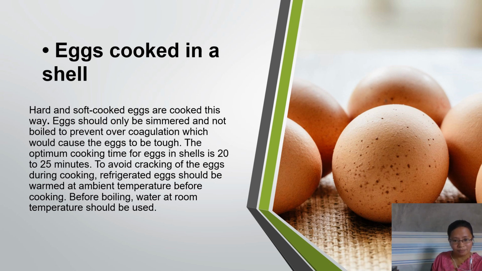Like, for example, if you want soft-cooked eggs, parang yung egg yolk, hindi pa masyadong luto, you can cook it for about 5 minutes. Or minsan nga, lower pa. Pero, kung mga hard-boiled, pinakamatagal na po ang 20-25 minutes. Lutong-luto talaga yan.